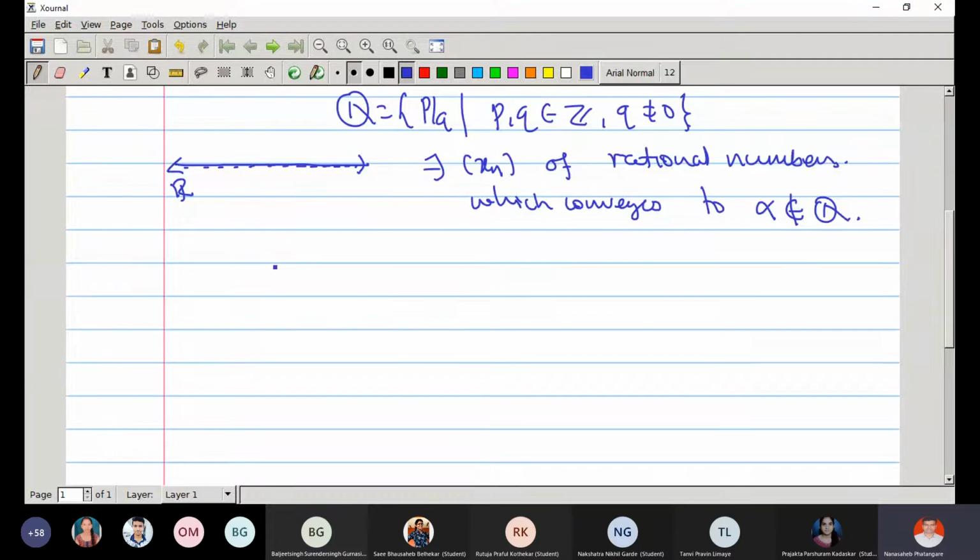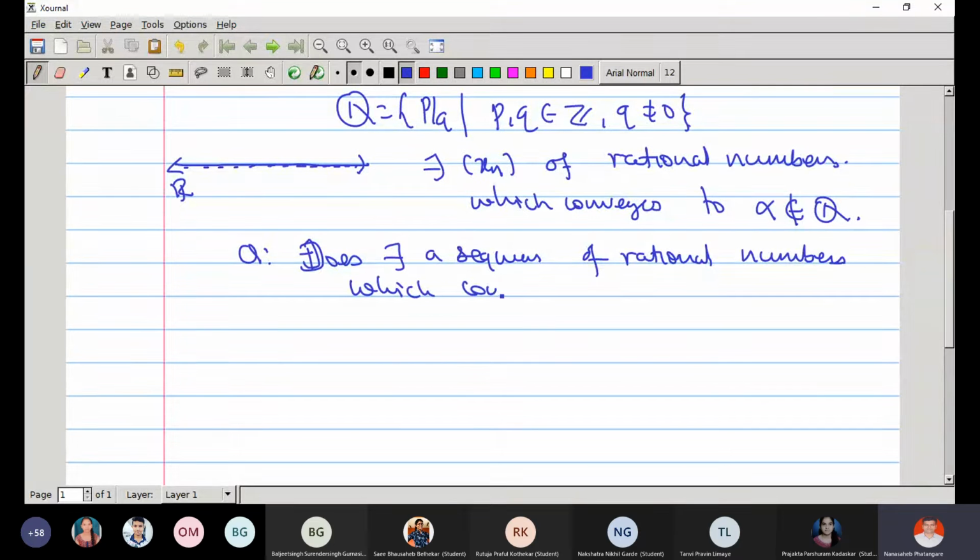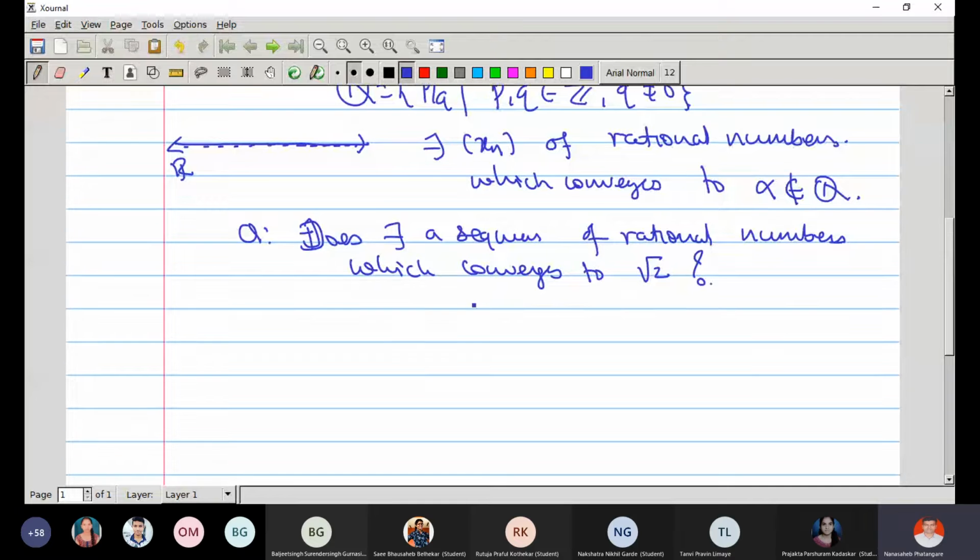Now the question I would like to ask: does there exist a sequence of rational numbers which converges to root 2? You have already learned this in calculus.